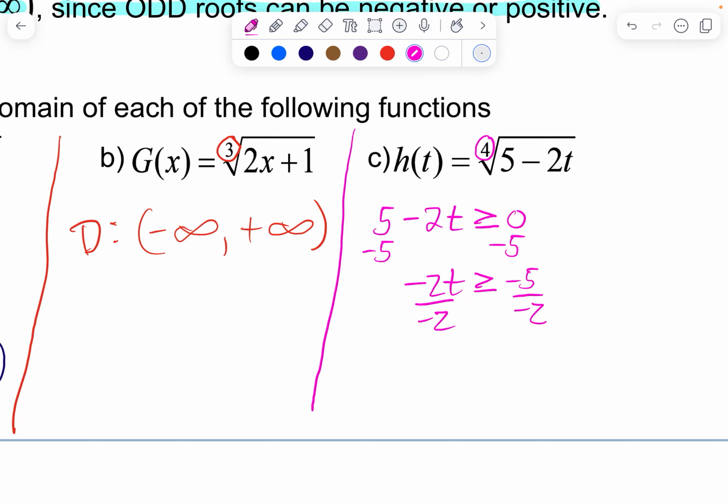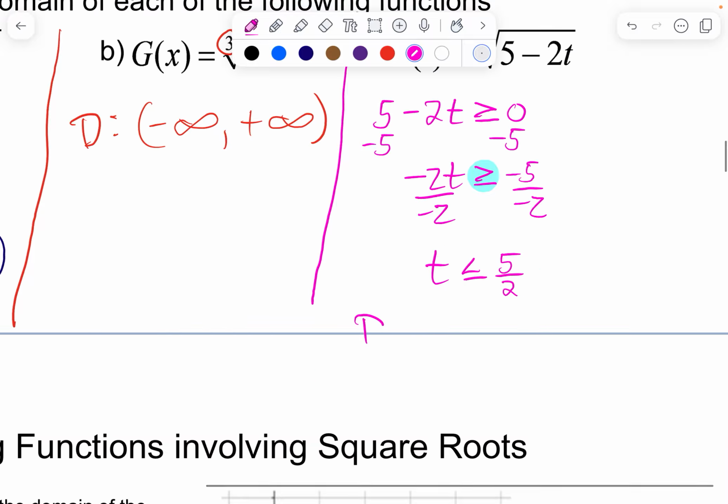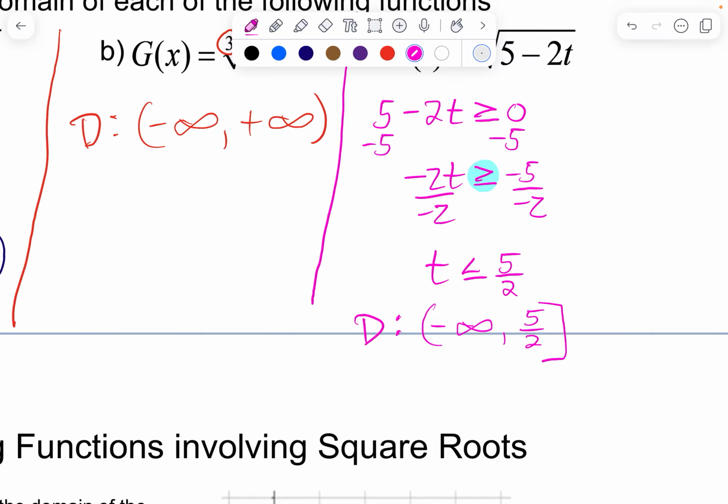And please remember that when you're dividing by a negative, you must flip the inequality. So now I've got t is less than or equal to 5 halves. So that means that the domain is going from negative infinity to 5 halves with a bracket because 5 halves is included.